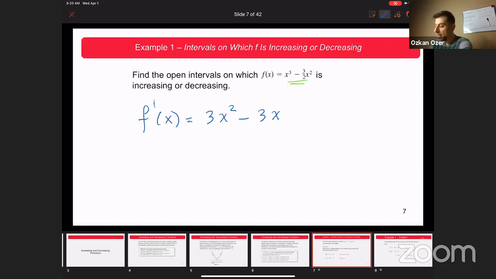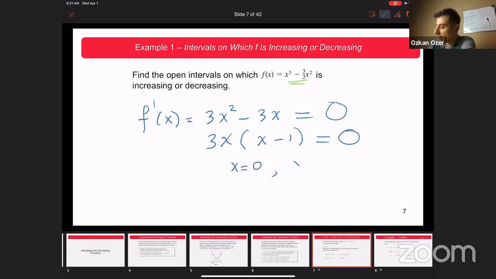To find that, you have to set this equal to 0 and see what the x-intercepts are for f prime. To do that, you can pull 3x out, because 3x is a common factor. This is 3x times x minus 1 equals 0. So this tells me that x equals 0 and x equals 1 are the two x-intercepts.